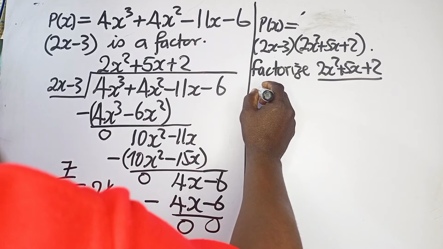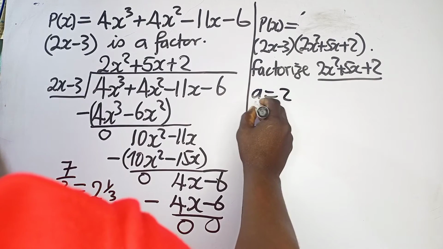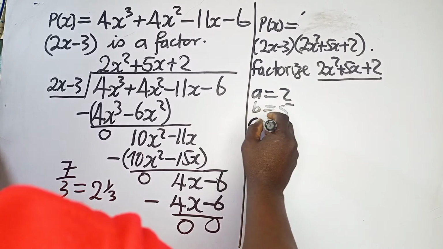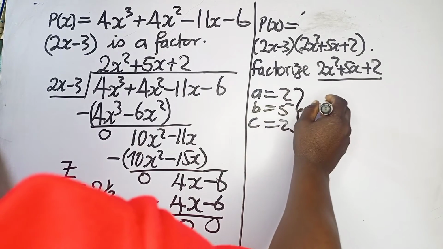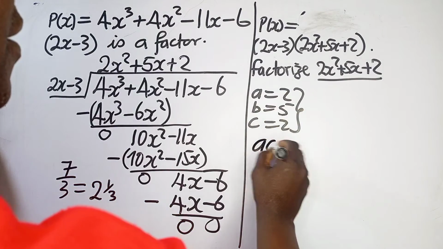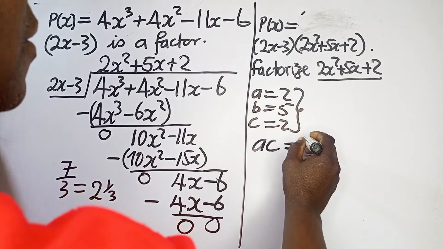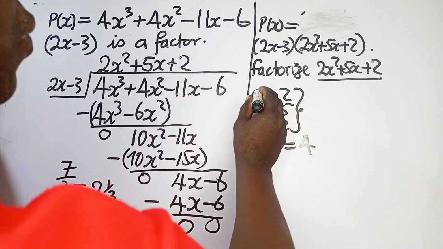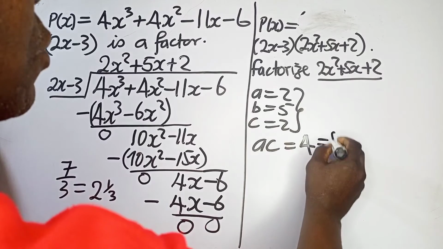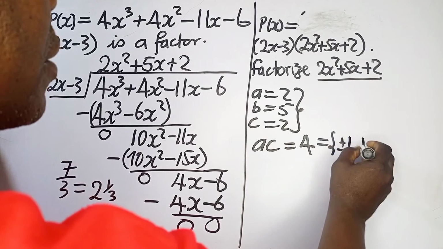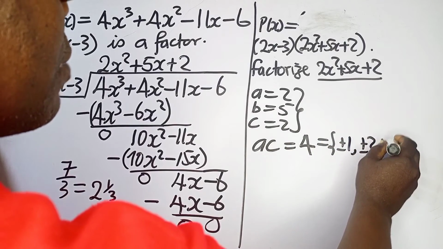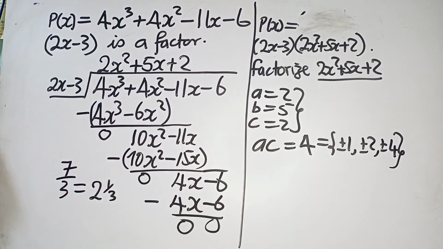All right, so our A is 2, our B is 5, our C is 2. Okay, so we need to get factors of AC. AC is 4. That's 2 times 2, 4. What are the factors of 4? We have plus minus 1, plus minus 2, plus minus 4. These are the factors of 4.